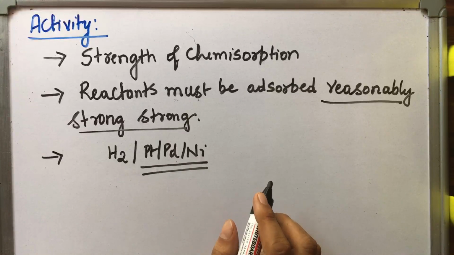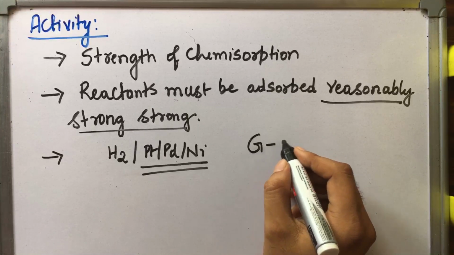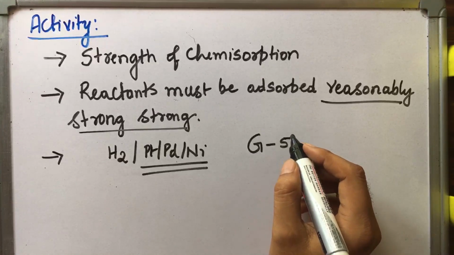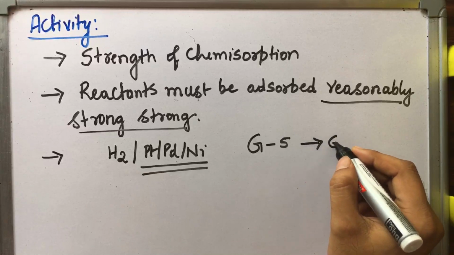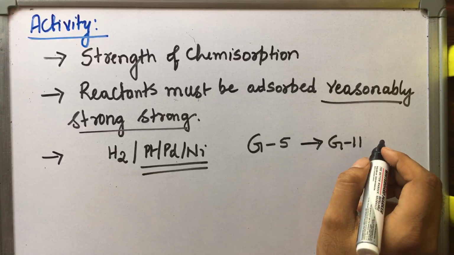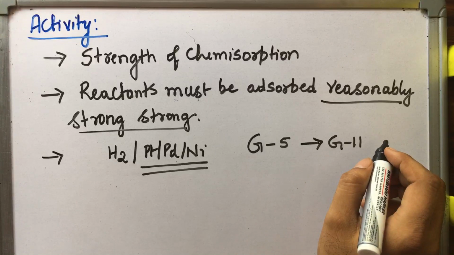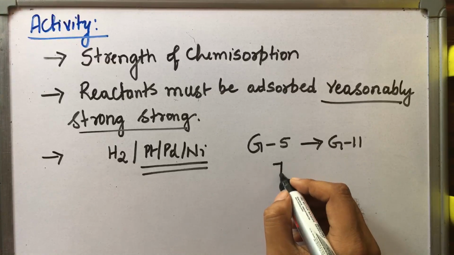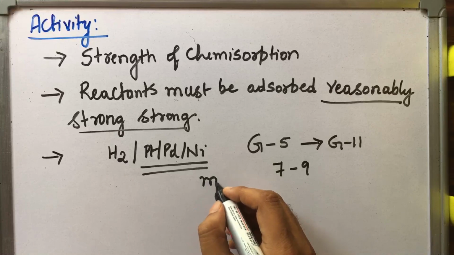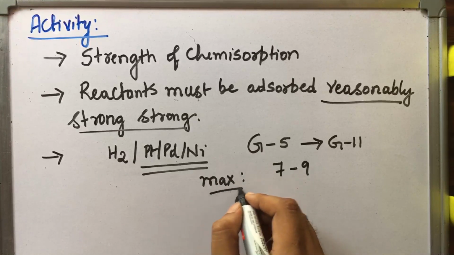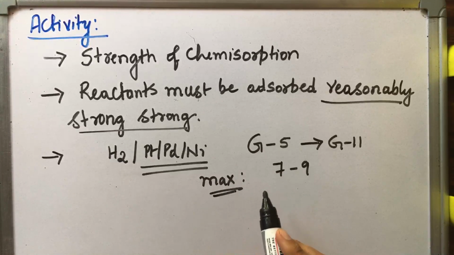It is found that for hydrogenation reaction, there would be an increase in the catalytic activity from group number 5 to group number 11 in the periodic table, with maximum activity being shown by group number 7 to 9 elements of the periodic table. So this is what we call the activity of a catalyst. This is also said to be one of the properties of a catalyst.